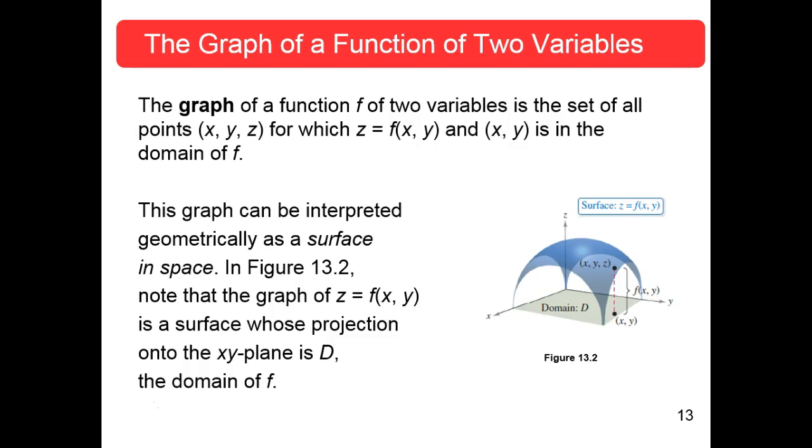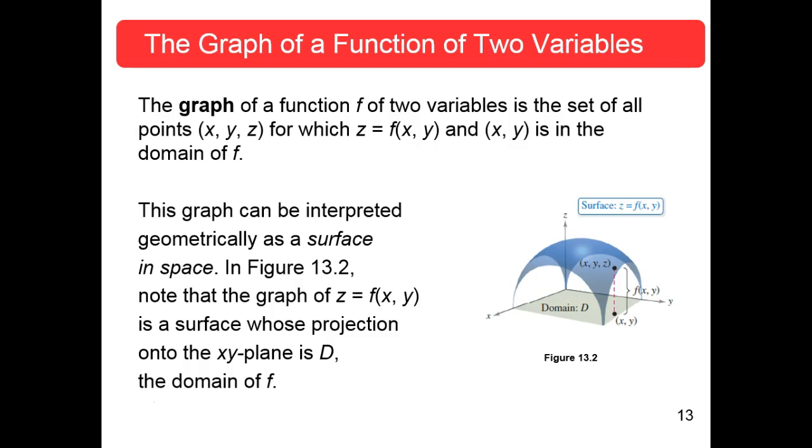So basically your domain is your xy plane down here, and z is your dependent variable based on that. A graph can be interpreted geometrically as a surface in space. Why a surface? Because it can only have one value for any point in the domain. So it's always going to be a surface. It can't be a closed figure of any nature. Okay?